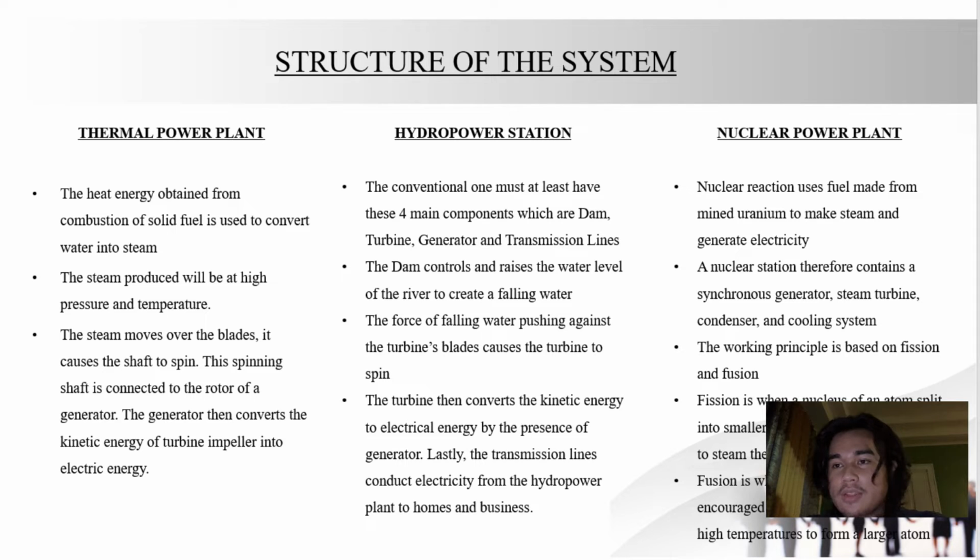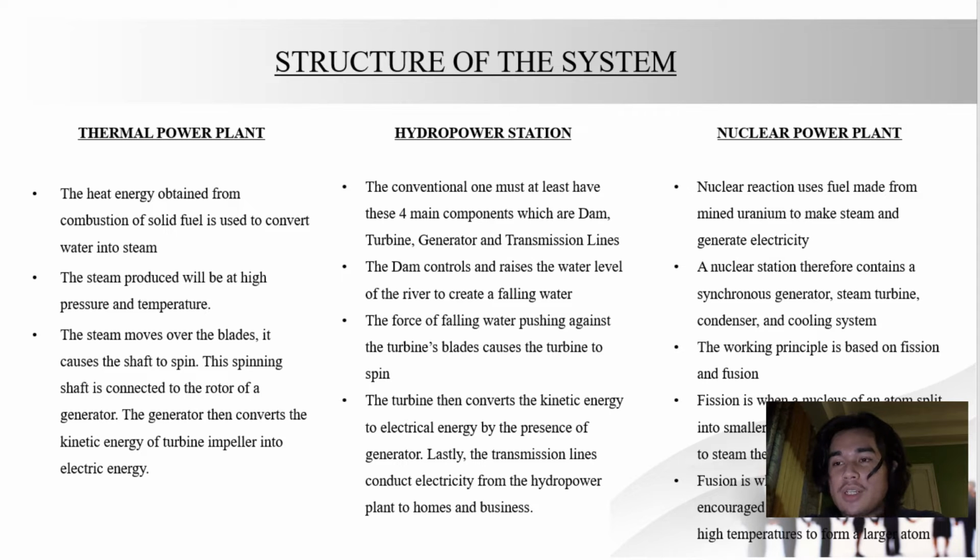And the last one is the nuclear power plant. A nuclear reaction uses fuel made from mined uranium to make steam and generate electricity. A nuclear station therefore contains a synchronous generator, steam turbine, condenser, and cooling system. The working principle is based on fission and fusion.